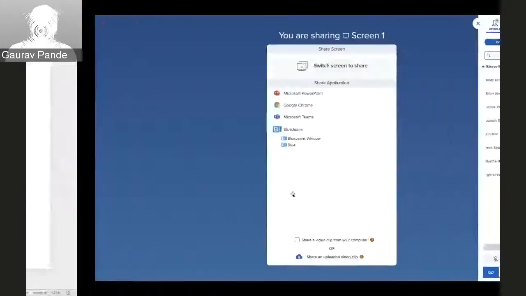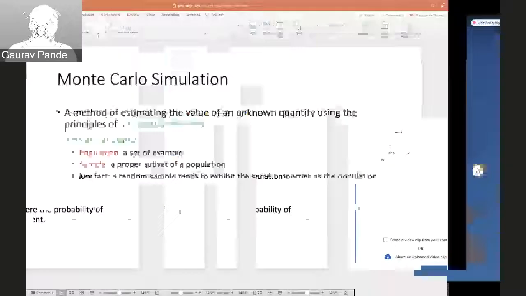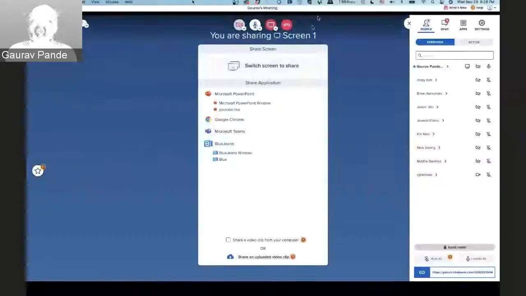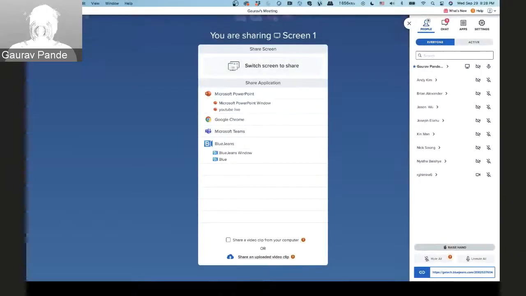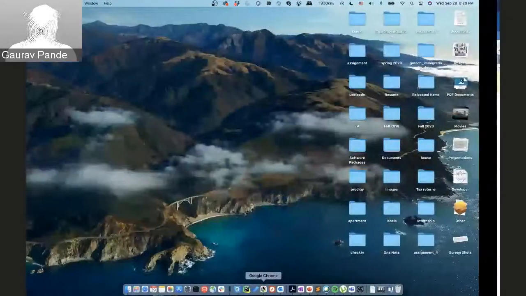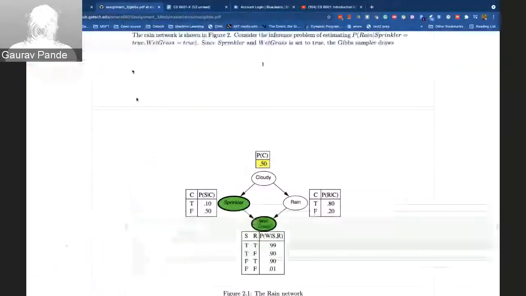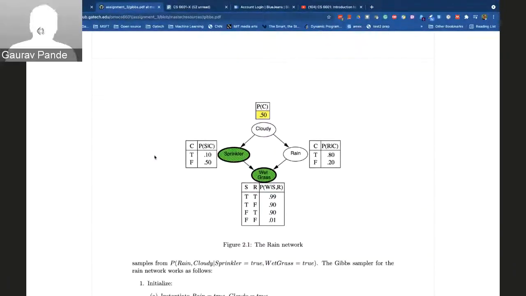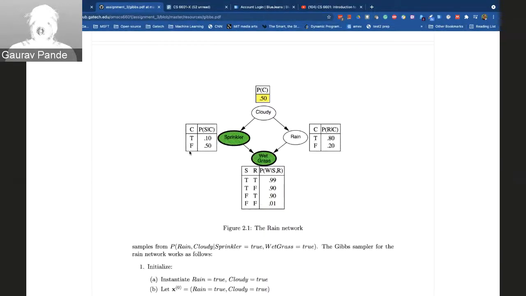So let me quickly open the link for this assignment. Yeah, so the resource that has been given to you is the Gibbs sampling. In this particular example, what is given is a Bayes net of cloudy, whether the sprinkler is turned on or whether rain has happened.